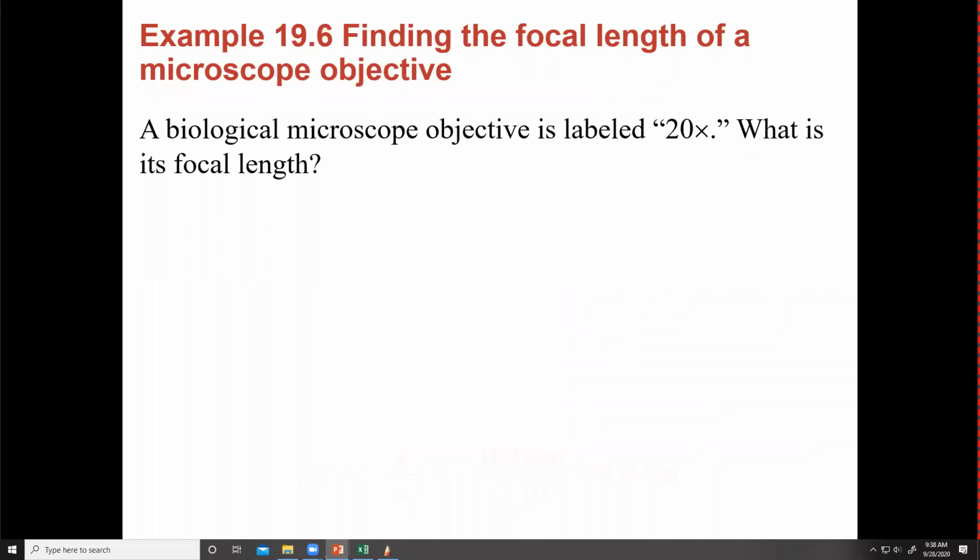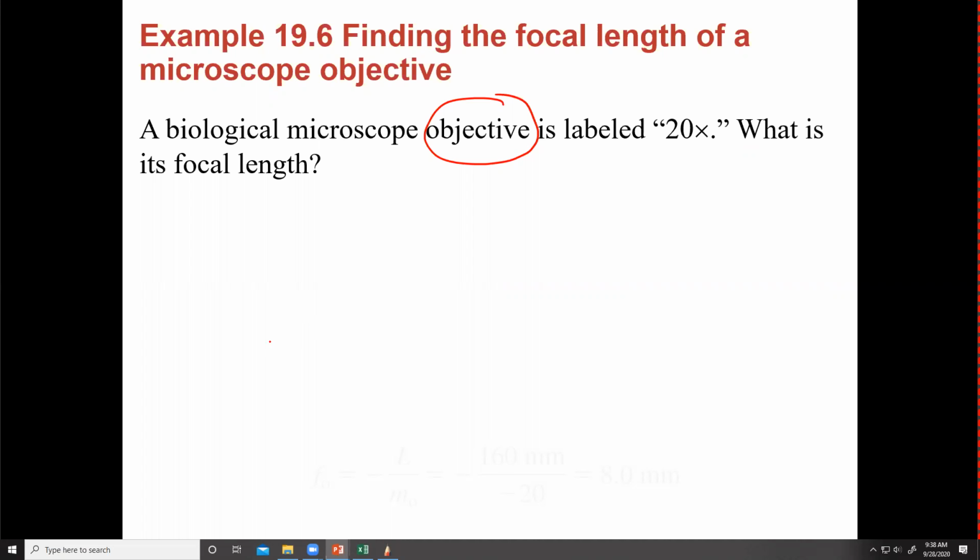Here is an example. We have a biological microscope whose objective is labeled as 20x. What is its focal length? This is about the objective only. We have eyepiece and objective, but in this problem, we are dealing only with the objective.